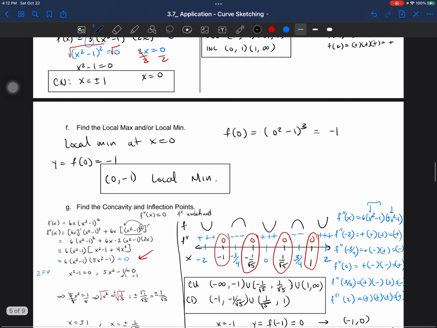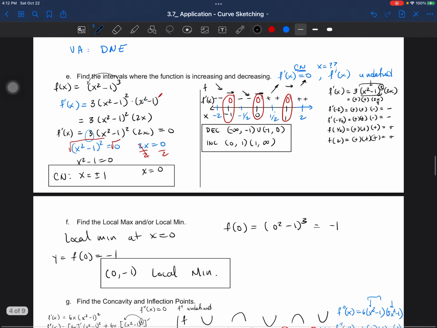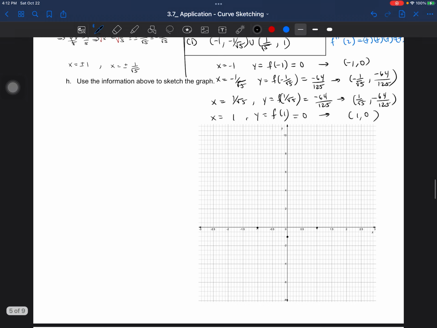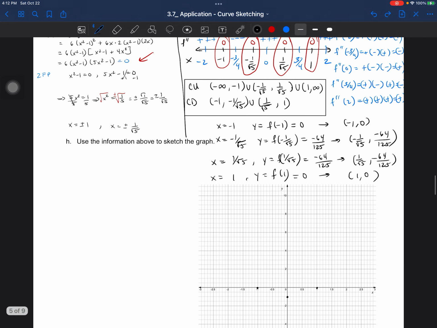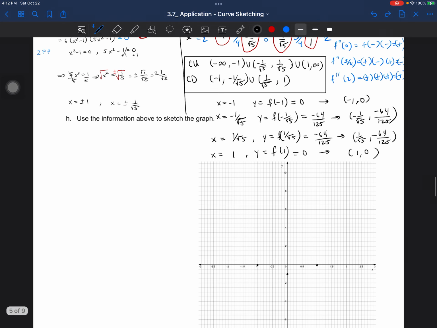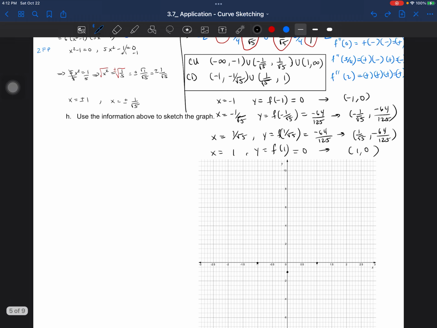Those are the critical numbers. We also have critical numbers, local min. The function is decreasing, right? From here it is decreasing, decreasing, increasing, and then increasing according to our function, right?